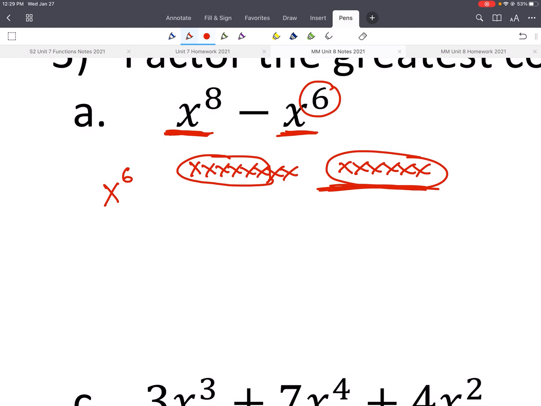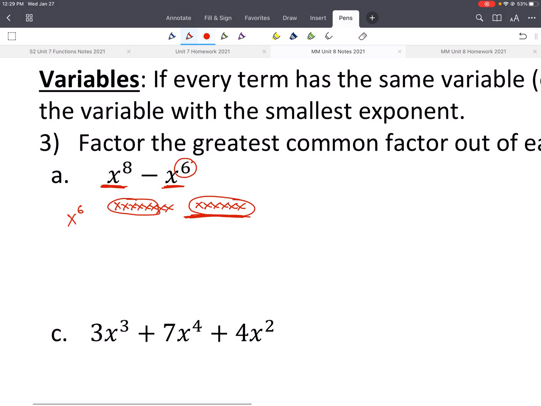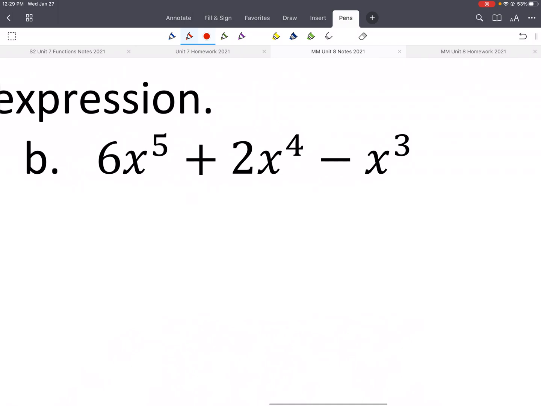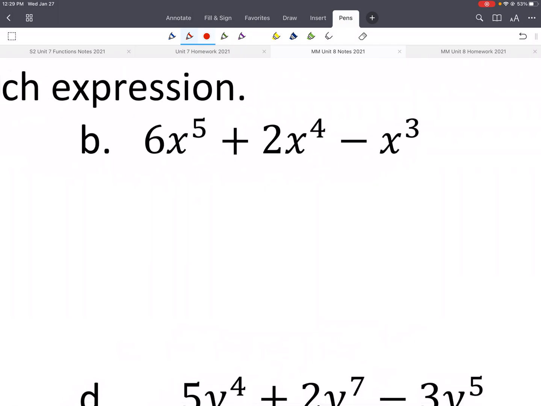Generally, your greatest common factor for your variables is always going to be your smallest exponent. Looking over here, how many x's can we take out? We can only take out 3, because that's the most we can take from this term, and there are more than 3 in the other. So the greatest common factor here would be x to the 3.